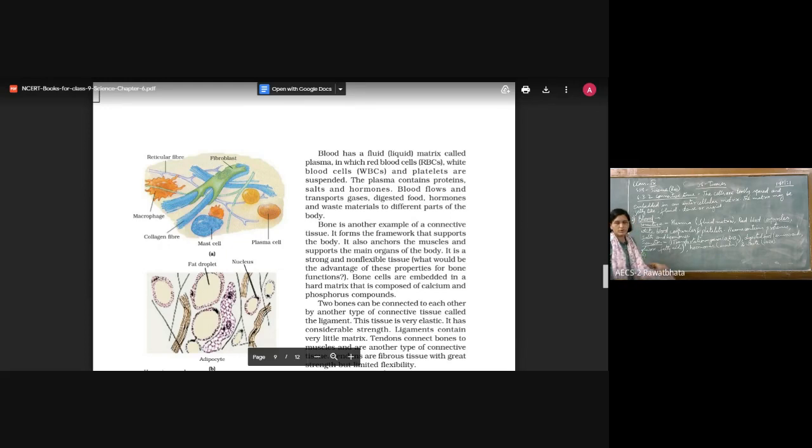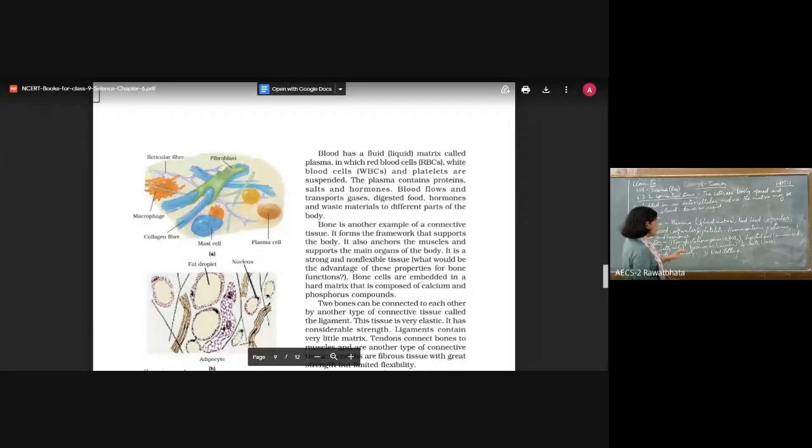Second function, in our book they have given only one, but blood performs more than one function. Its function is of course to provide immunity, the ability to fight against infection. And of course the third one is blood clotting, which is also a function of blood.